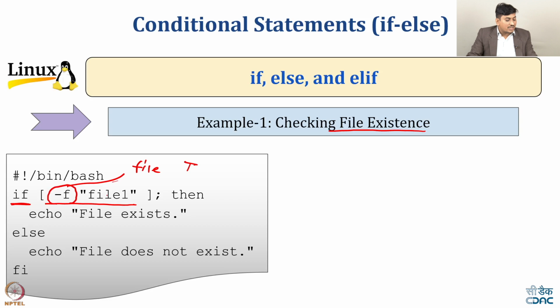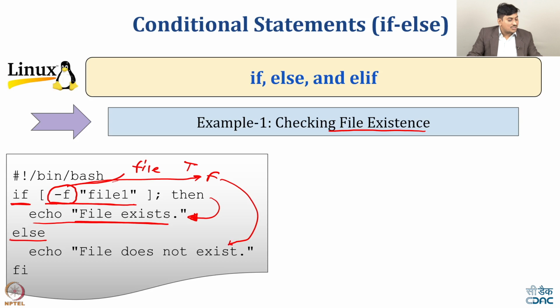So if this particular condition is true, then execute this block of code. Here, in this code, we are just printing this particular message. If this condition is false, then execute this part of the code which starts with else. So this is a simple example of if and else.